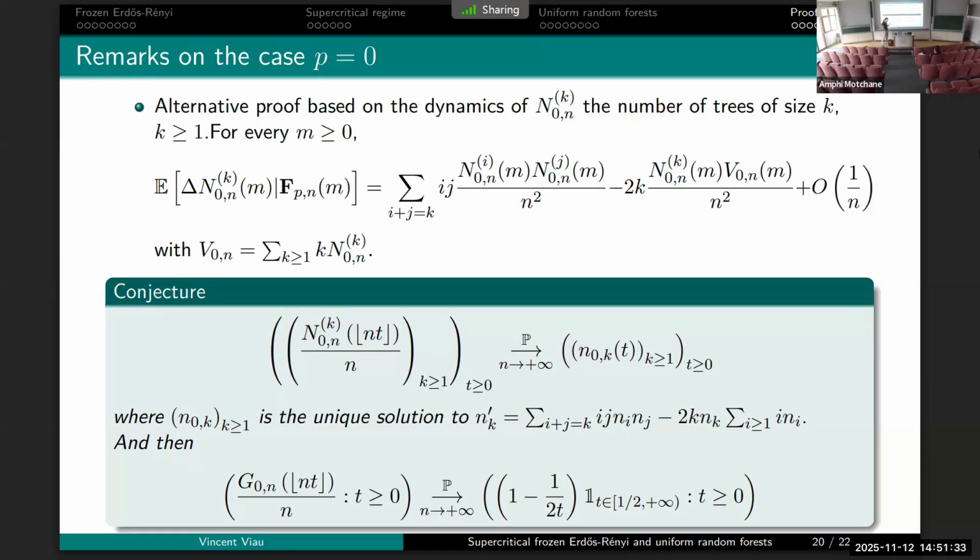So we believe that we can get the same results, but in the opposite sense, in some sense. And we think that it will be actually a bit easier than what we have done in the case when p is positive.